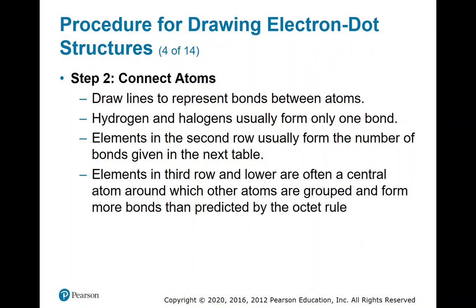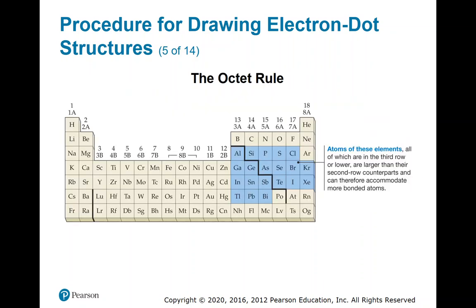And it's also possible for elements in row 3 and below to form more bonds than is predicted either by the previous chart or by the octet rule. So what I mean by this, if we look at the highlighted portion of the periodic table, you can see we've got those same groups of elements, boron through fluorine, but instead of being in row 2, we're now in row 3 and below.